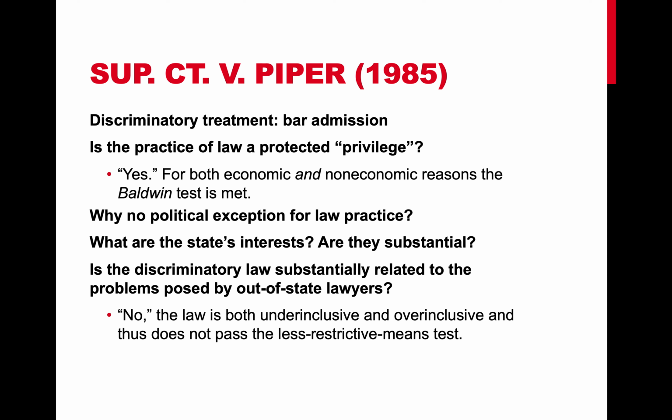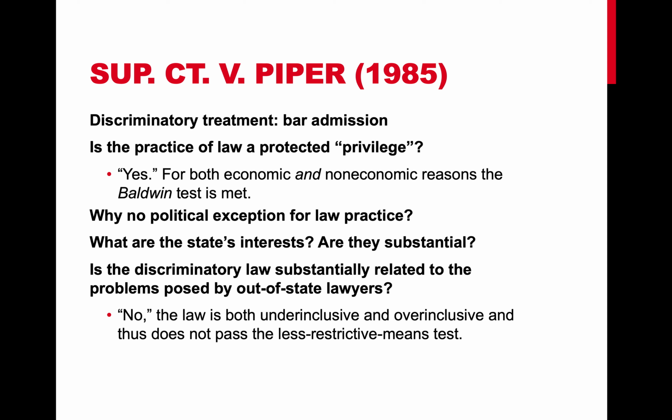profession. He says, after all, if we take the majority's rule in Supreme Court versus Piper, how do we then justify something like having differential bar exams? What reason would there be for someone who's admitted to practice in one state not being able to practice in another state?